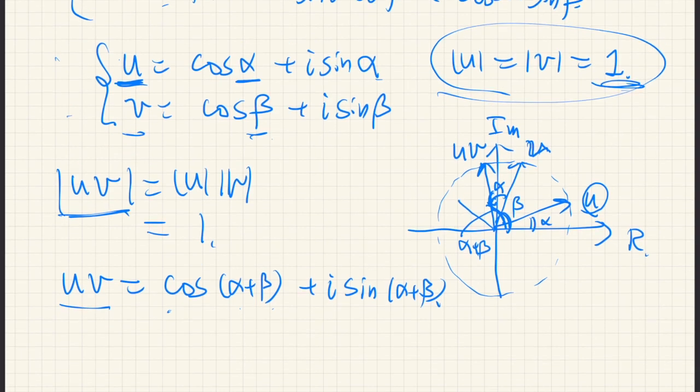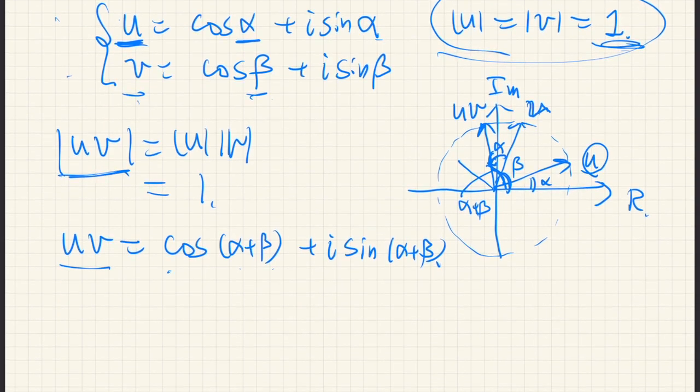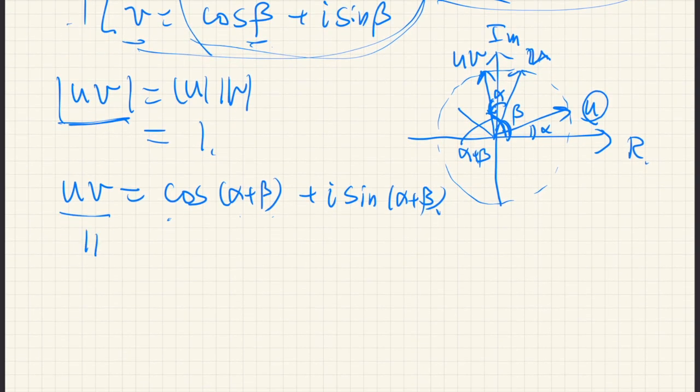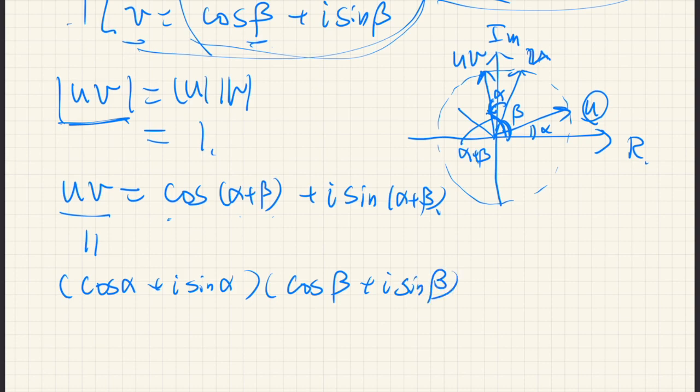Okay. Now, but we have this. So just substitute this right-hand side into this. So that will be cosine alpha plus i sine alpha, times cosine beta plus i sine beta.